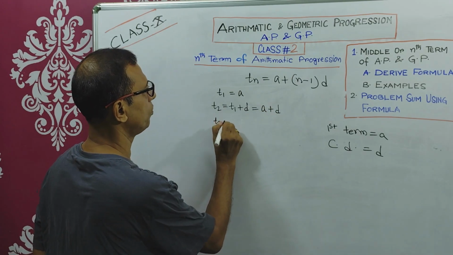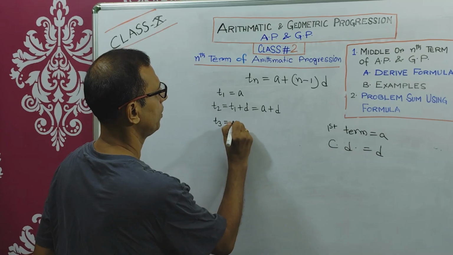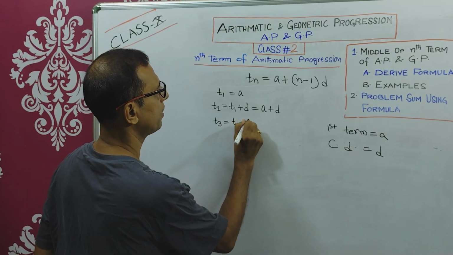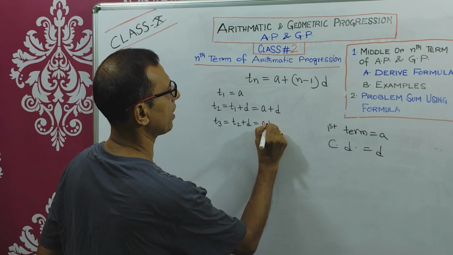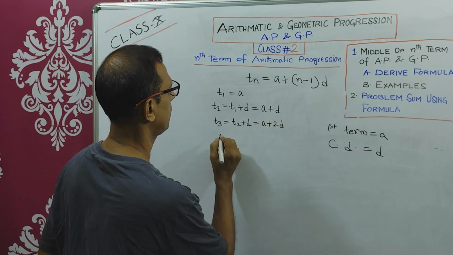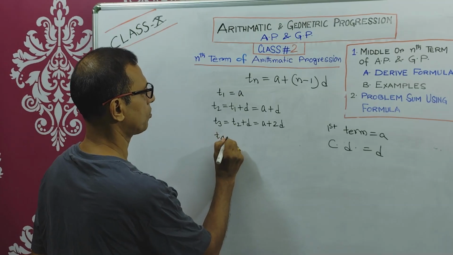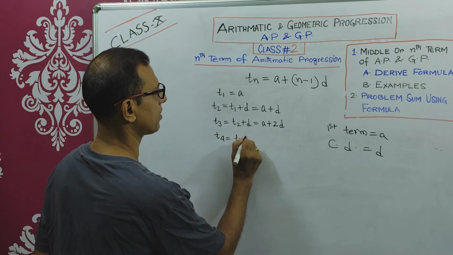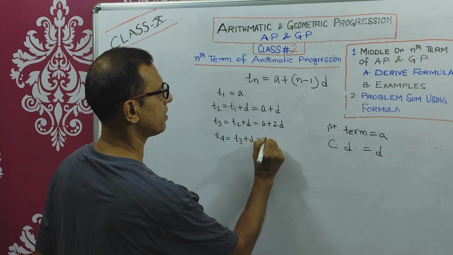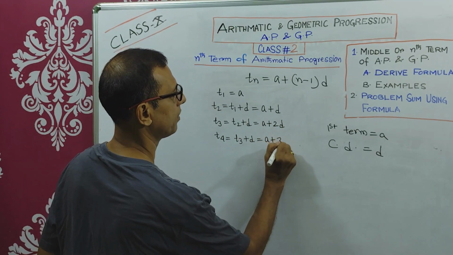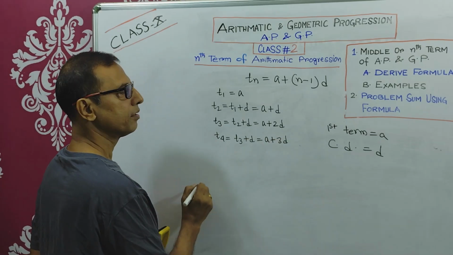T3 equals T2 plus d, that means a plus d plus d, that means a plus 2d. T4 equals T3 plus d, that means a plus 2d plus d, that means a plus 3d, right?